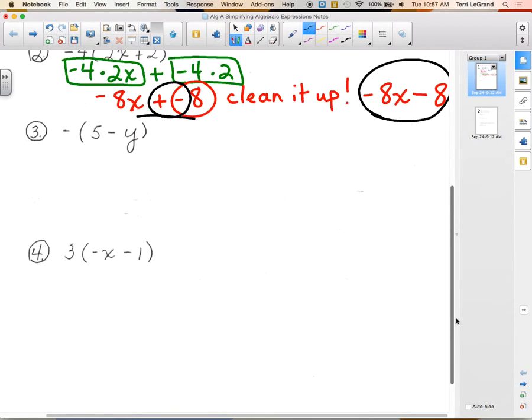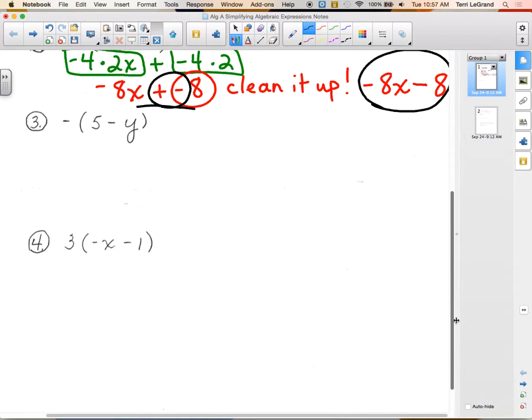Okay. The next one is kind of tricky, and students typically don't do well with these, and this is what I'm going to make you do. I'm not giving you any choices here, okay? Because you've already proven to me so far this year that we've been too calculator dependent. We let the calculator do all our multiplying and adding and subtracting for us, and we have not really figured out how to work with negatives properly.